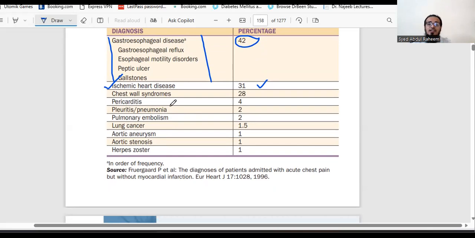So these are the other reasons: 20 to 30 percent experience chest pain due to other reasons, primarily gastrointestinal disease, secondarily cardiovascular disease, and third, other reasons.